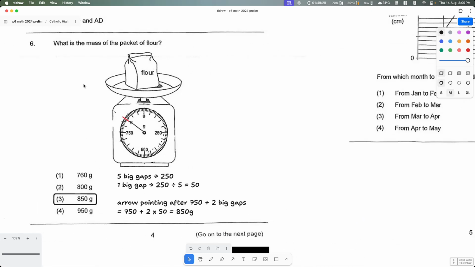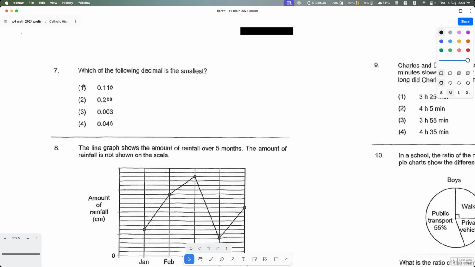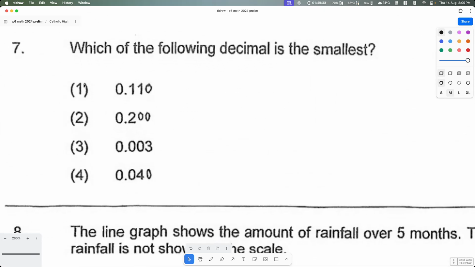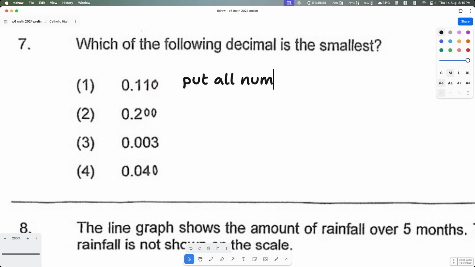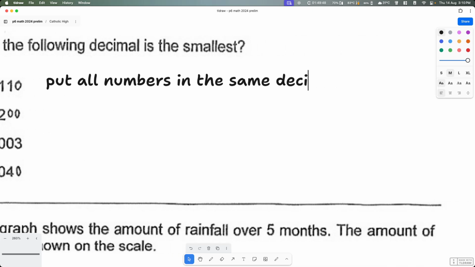Option number 3 for question number 6. Let's move on to question number 7. Which of the following decimals is the smallest? Oh, they put the zeros for me. This one doesn't have any zeros, so you need to put the zero. So, put all numbers in the same decimal place.